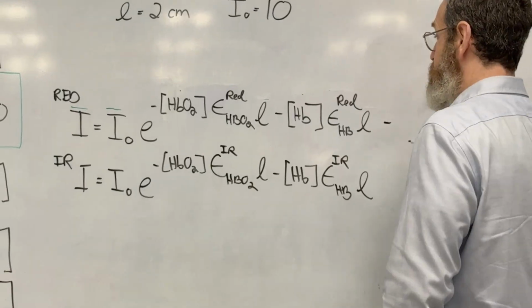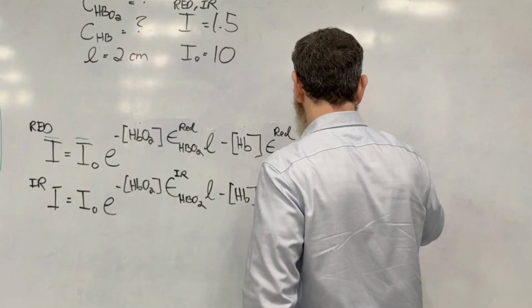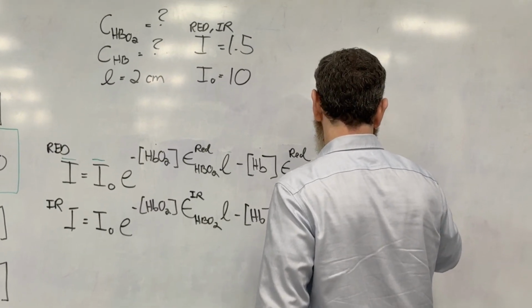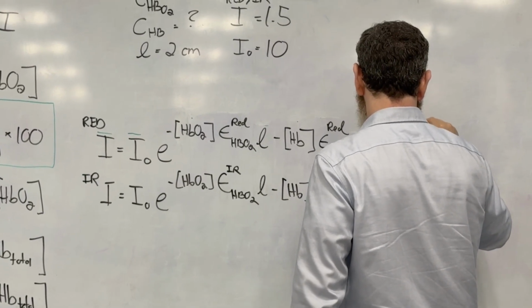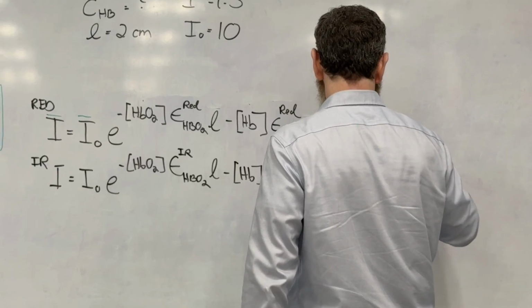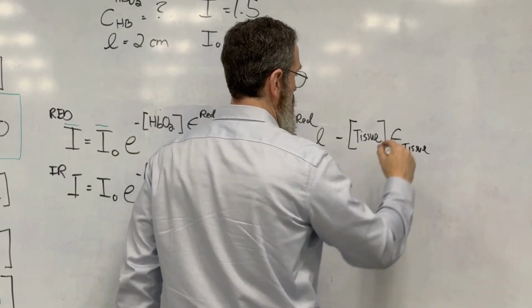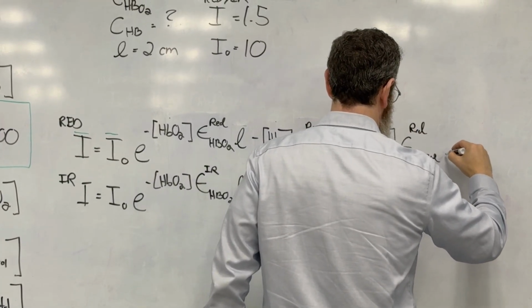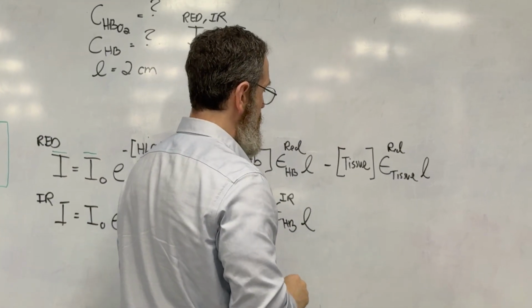So in fact, I'm going to add here minus, let's start adding these terms. What I'm going to do is put all those into one term, and I'm going to call this tissue, and by that I mean all the other tissues. So I have the concentration of tissue, the absorbance coefficient of tissue at red, and I have this length of tissue.